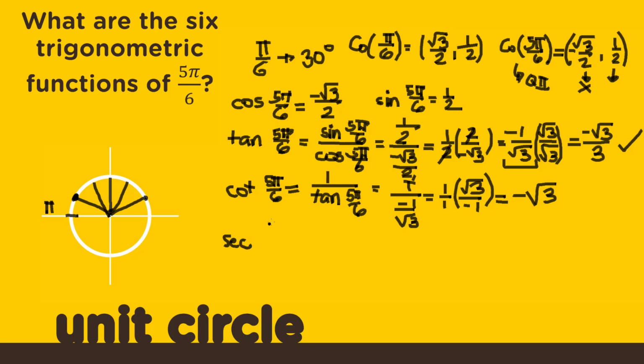Secant of 5 pi over 6 is equal to the reciprocal of our cosine, 1 over cosine 5 pi over 6, which is actually 1 over, you will have again negative square root of 3 over 2. Now for this time, we'll be rationalizing because we don't have other options, just like tangent to cotangent. This is the method.